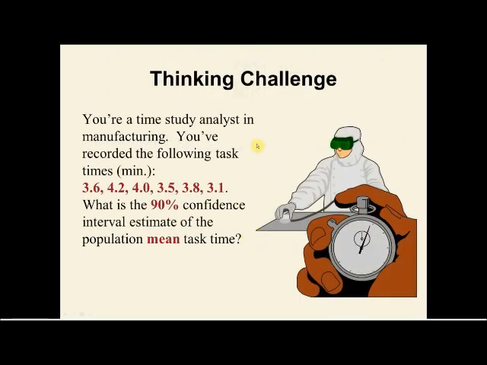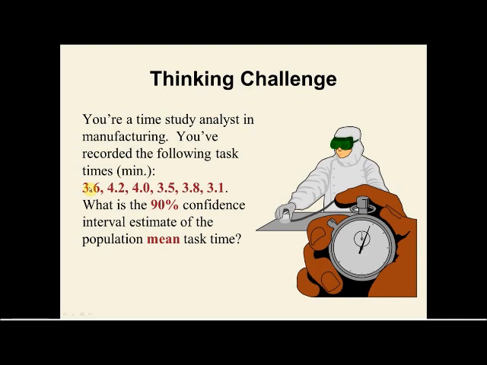So let's just take an example here. Let's say I'm analyzing the time it takes to do a particular task, and I observe a sample of times to complete the task of 3.6 minutes, 4.2 minutes, 4.0 minutes, 3.5 minutes, 3.8 minutes, and 3.1 minutes. So this would be our sample.